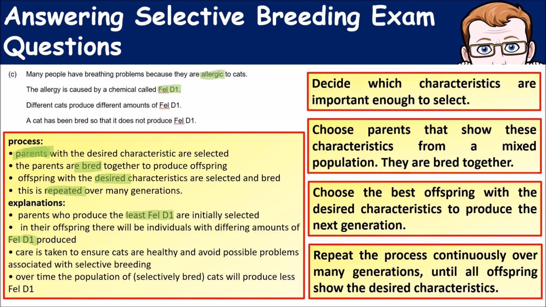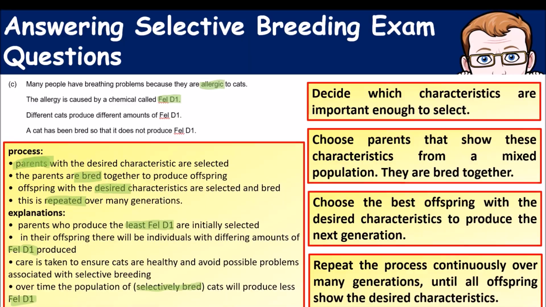Care will be taken to ensure that cats are relatively healthy, and over time the population will be selectively bred so that the cats produce progressively less of this allergen. There are some key things you'll talk about when answering that longer part of the question.